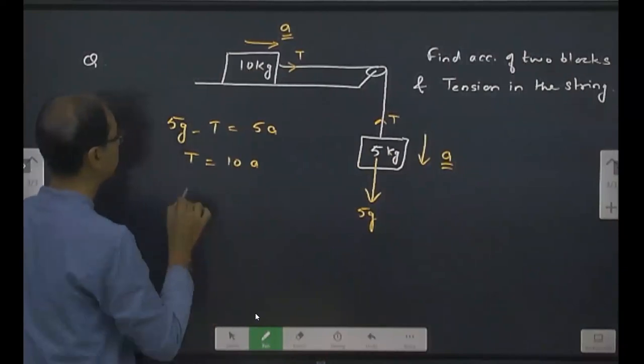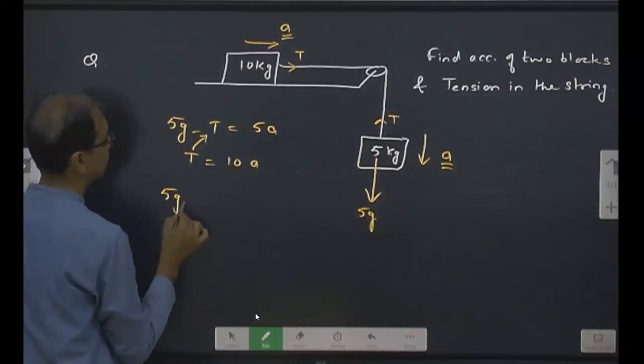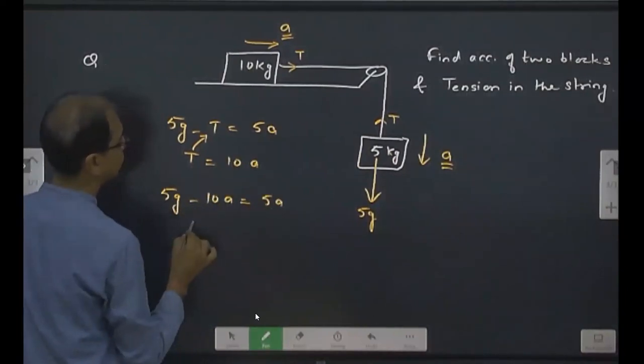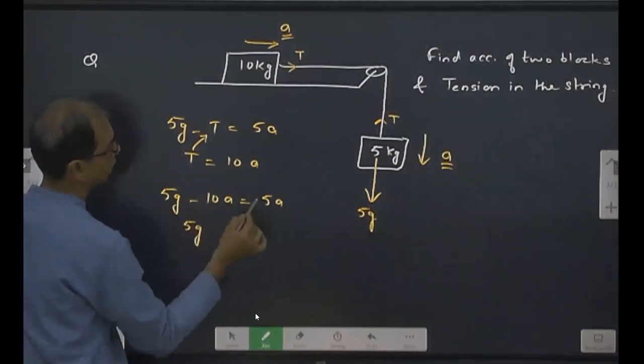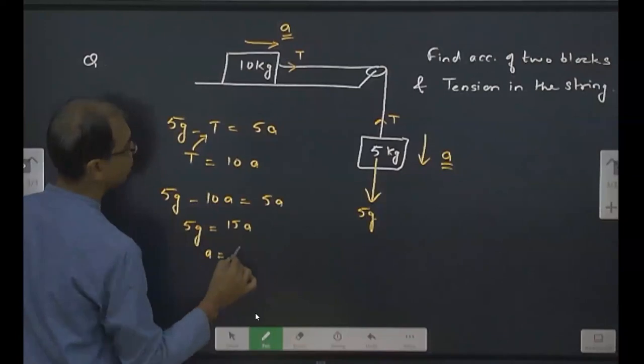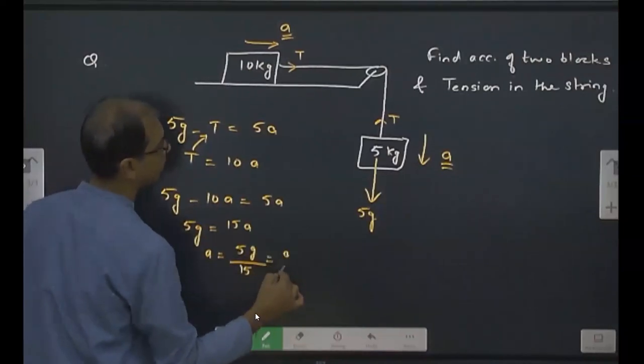Done. Now this T I'm going to put here. So it is 5G minus 10A equal to 5A. So 5G, this will go there, 15A. So A equal to 5G by 15, that is G by 3.